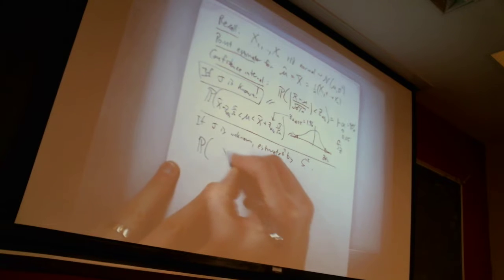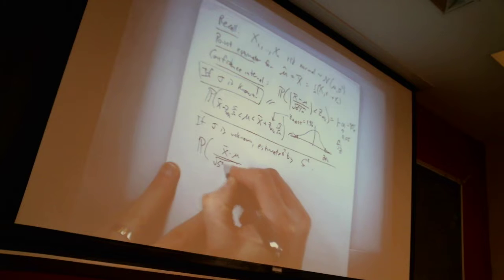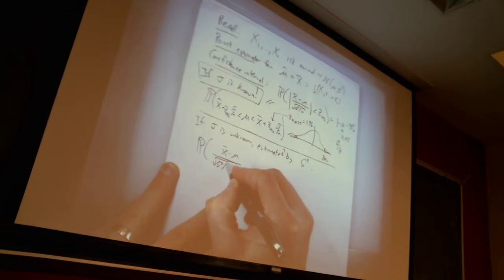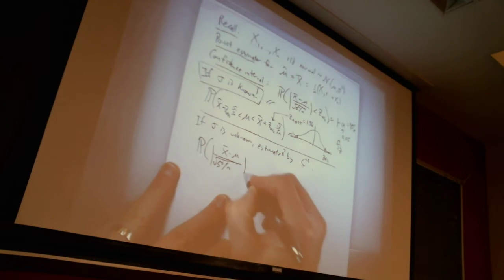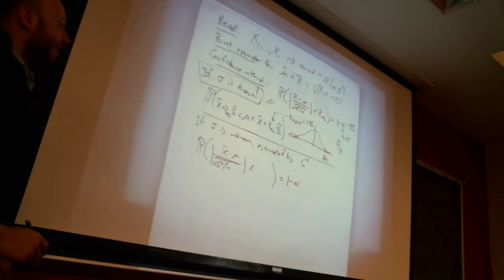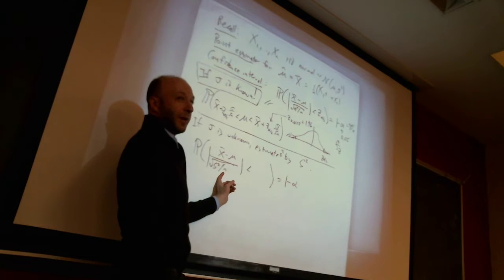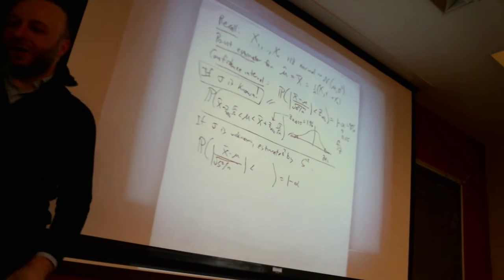The probability that x bar minus mu divided by the square root of s squared divided by n is at most something, we want to be 1 minus alpha. This is a t-distribution with n minus 1 degrees of freedom.